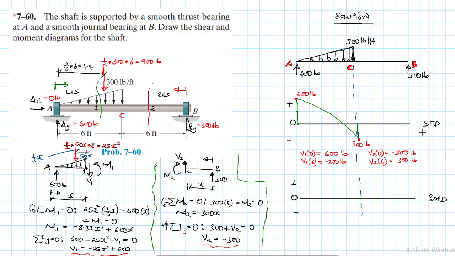And then from B to C, we've been told it is 300. So we have 300 from this end, and minus 300 rather. We're going to have this behavior like this.